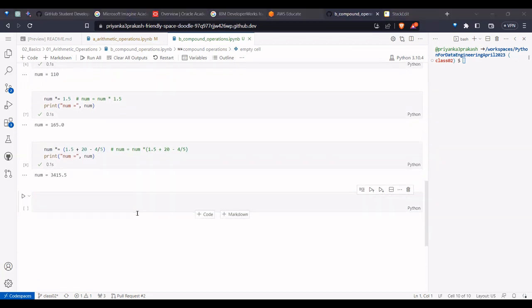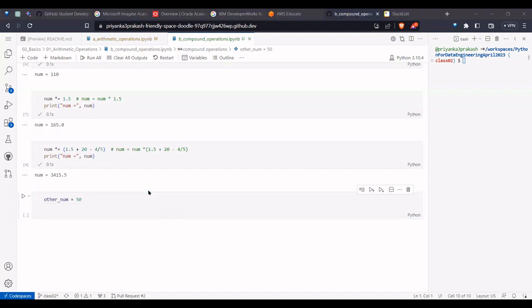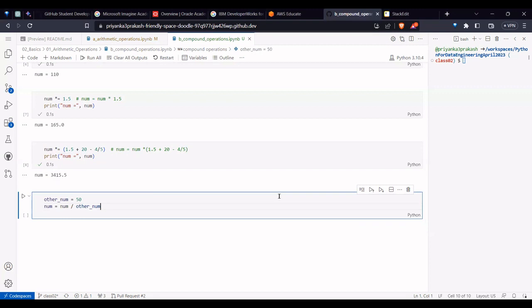You got it? In the same fashion, if I have one more number, say another number is equal to 500, and if I have an operation something like this, number is equal to number percentile so and so, can I do it in this case?